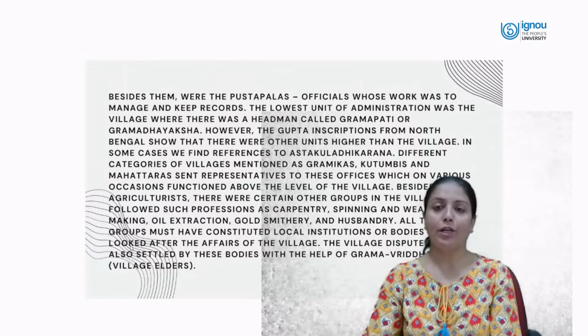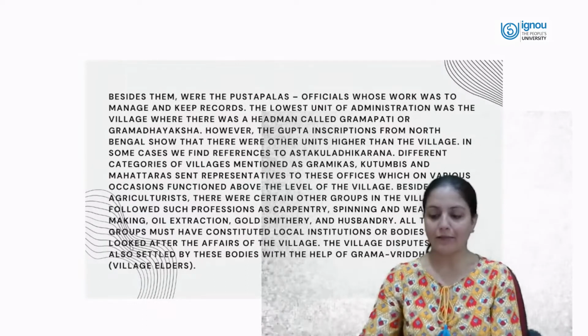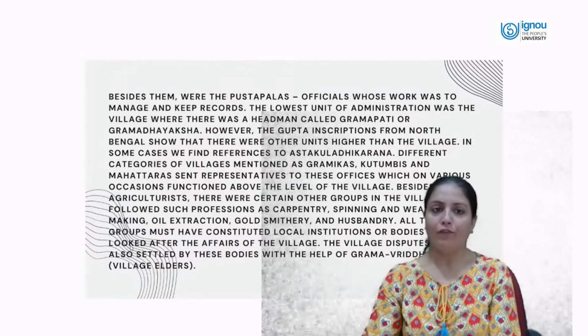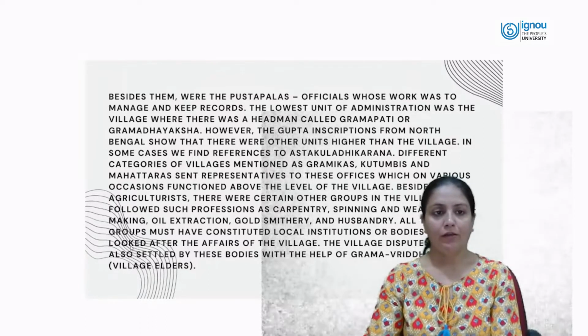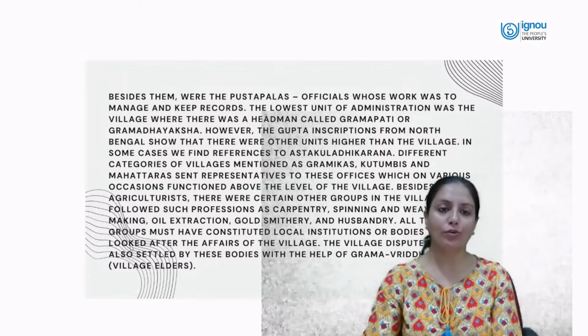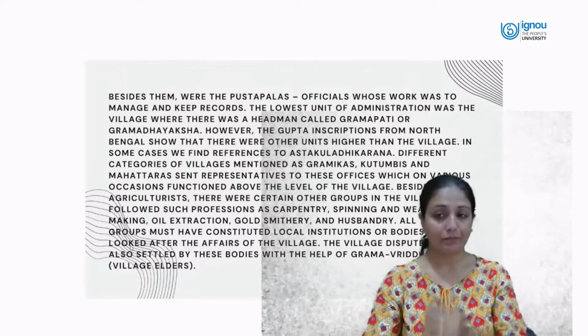The lowest unit of administration was the village. Yes, as today also, the lowest unit of administration was the village, where there was a headman called Gramapati. However, the Gupta inscriptions from North Bengal show that there were other units higher than the village.